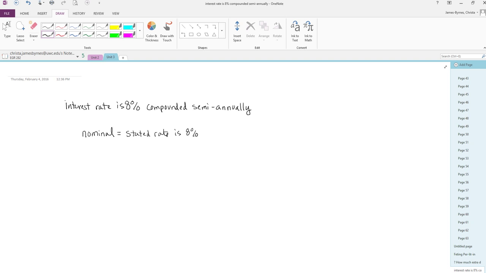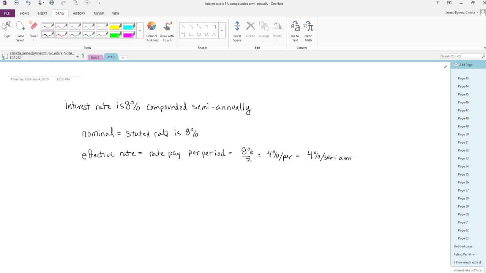Okay? What I like to say then is the effective rate, that is the rate we actually pay per period. Now notice it's very important I say per period, is 8% divided by 2 is 4% per period, which equals 4% per semi-annual.